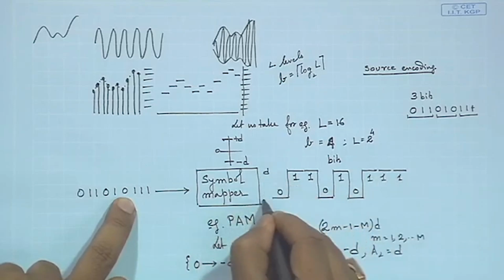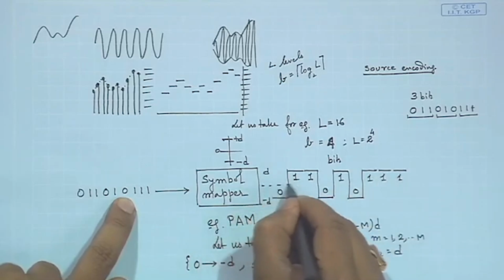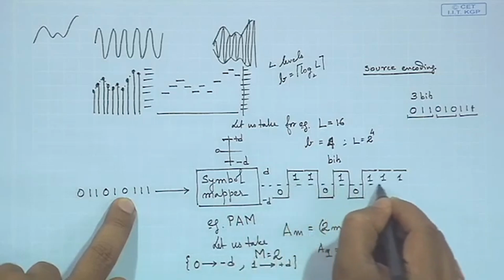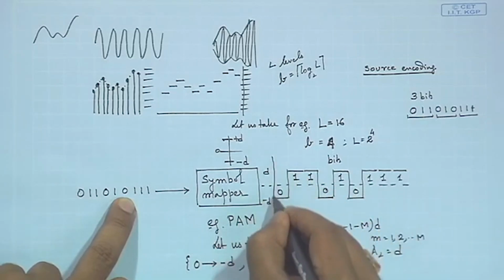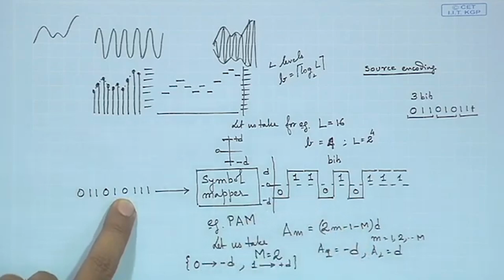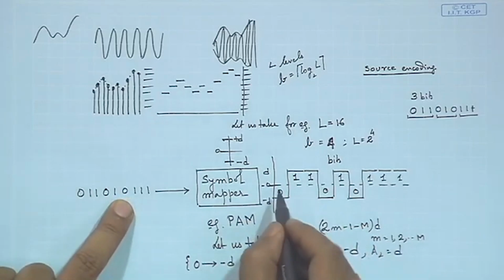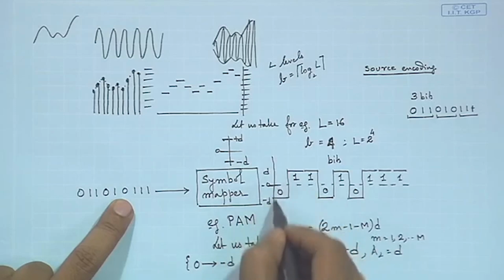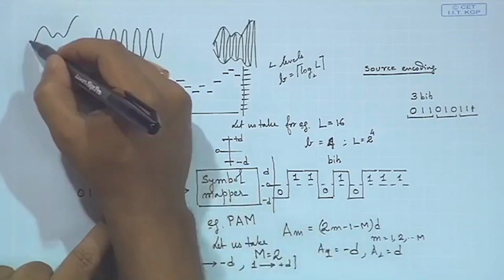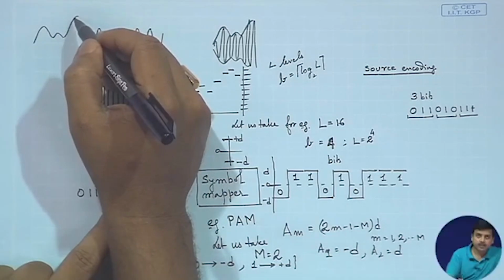So, this is d, this is minus d and this level is of course 0, right. So, what we can understand from this is that these levels that the pulse amplitude modulator selects have nothing to do with these levels, right.